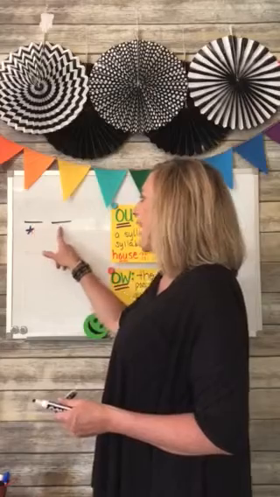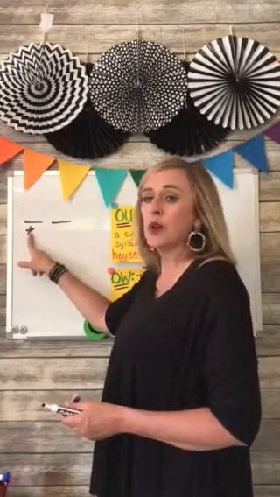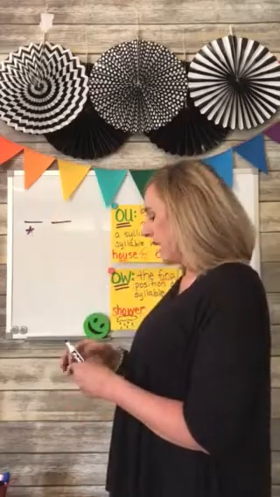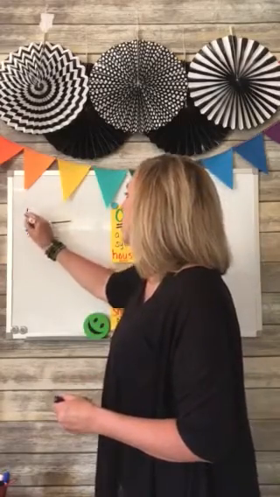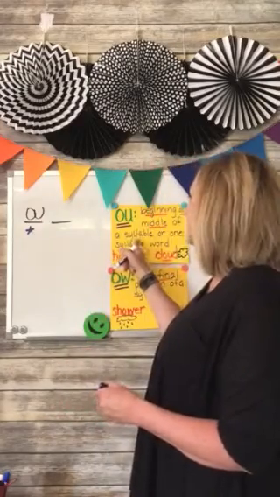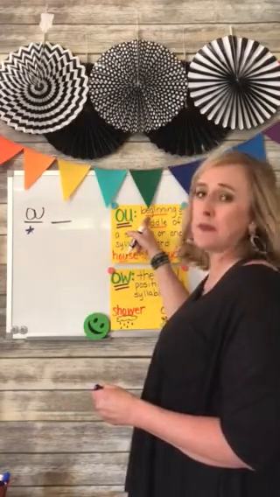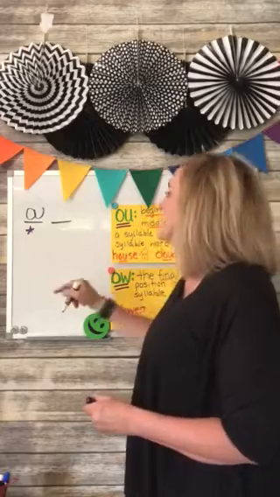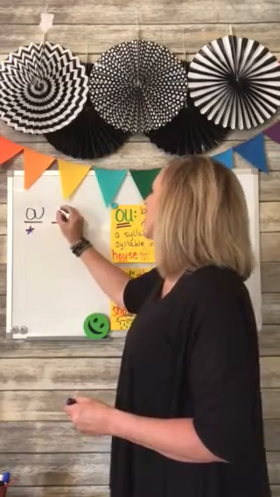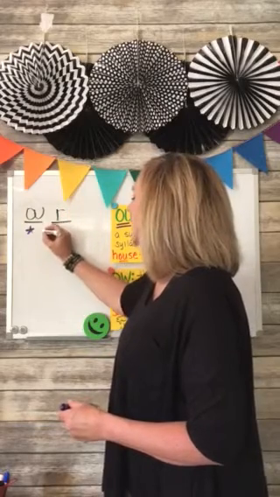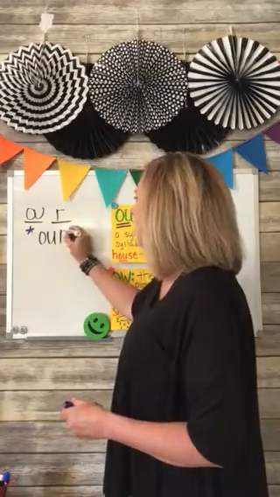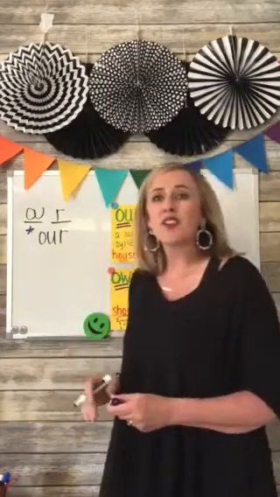So our word our, ow, comes at the beginning of the word. So we're going to spell it with OU because our rule tells us that OU says ow at the beginning of a word. So our, OU, our, R. The word hour is spelled O-U-R. Make sure you have that on your paper.